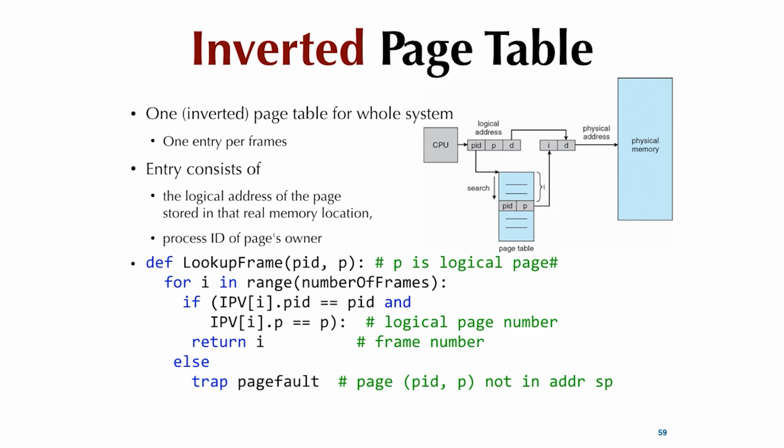And then you would find the current mapping, who is the process that owns this page, right? So that way you keep the number of entries the same. You would have one entry per frame as opposed to one table per process or per page.